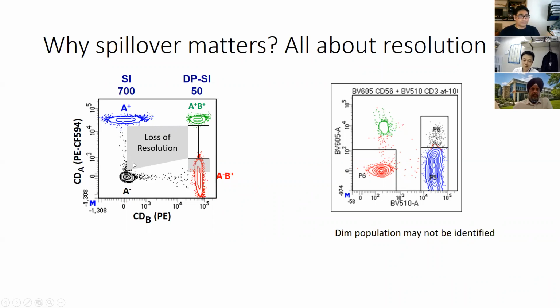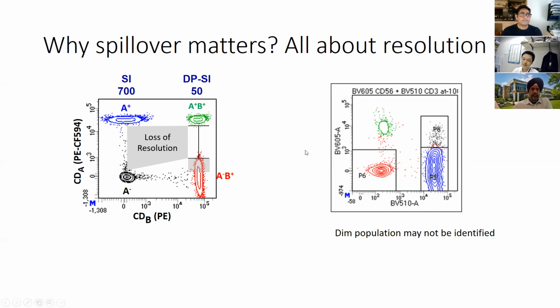That's called loss of resolution. But if we can keep the result looking like this, everything's still okay because there's still a good separation, even though the stain index is decreased by 50. But in reality, that's not always the case.